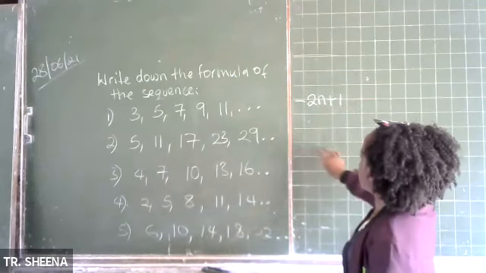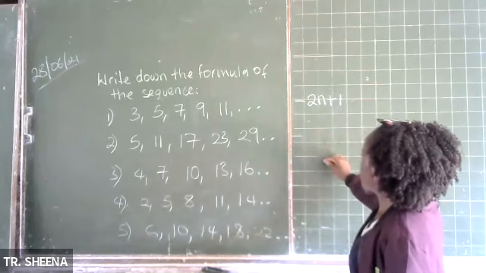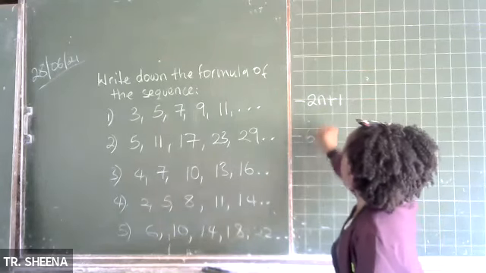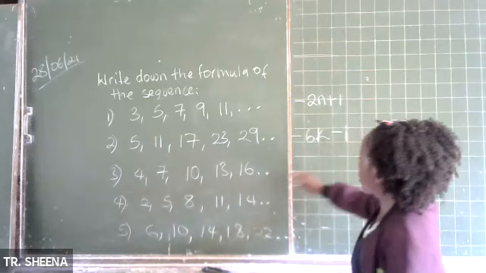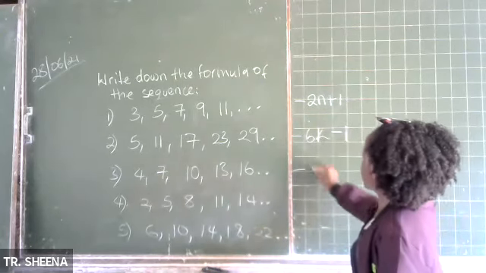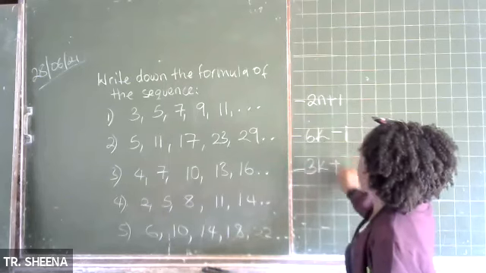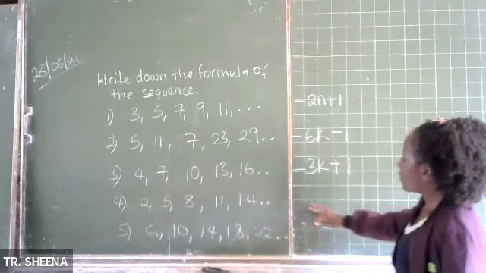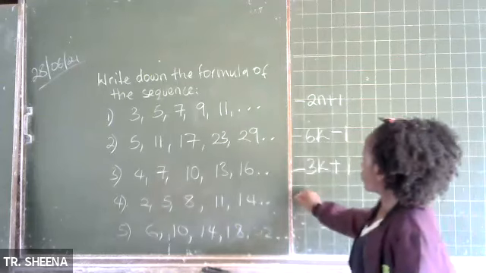Then your second. The next one is 6k minus 1. Then the next one, 3k plus 1. The next one is 3p minus 1.